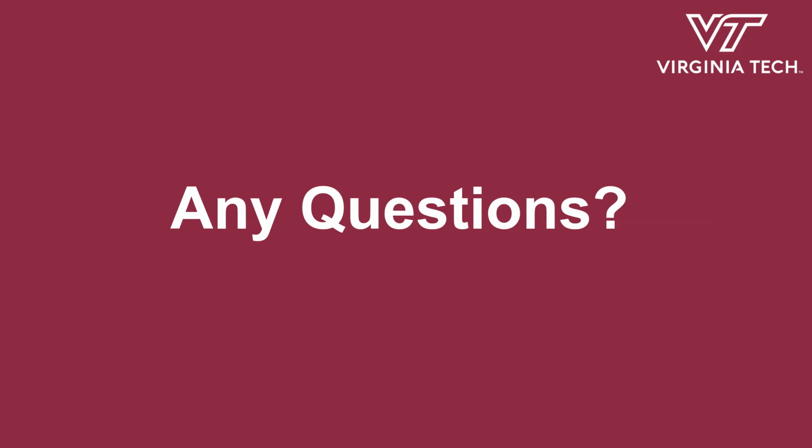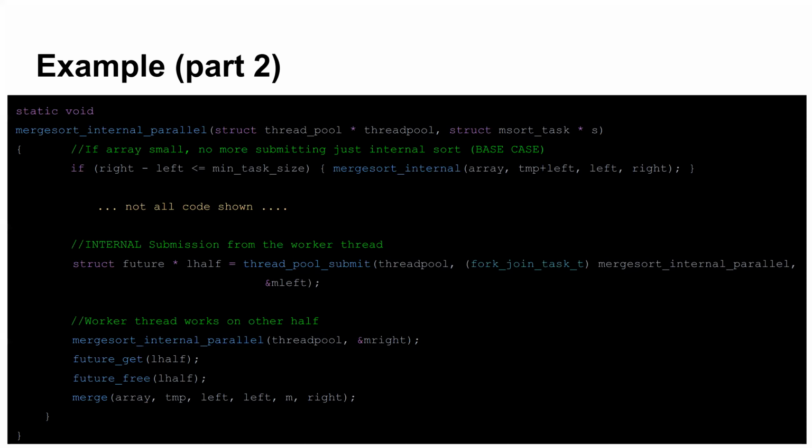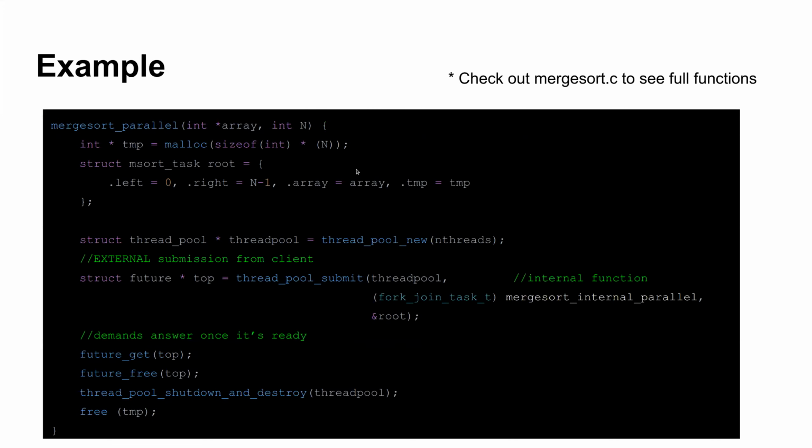Yeah, go for it. So earlier you mentioned that thread pools are beneficial because it absolves the user from having to deal with locking mechanisms. Could you expand on that a little bit? Okay, yeah, I mentioned that early on. These example programs don't have to use locking mechanisms, especially for merge sort, as you can see here, because when you call merge sort on a specific piece of data, your program is only going to be looking at either the left-hand side of the array or the right-hand side of the array at any given time.